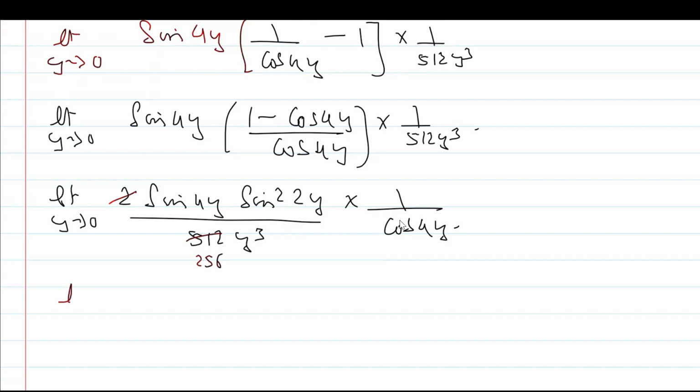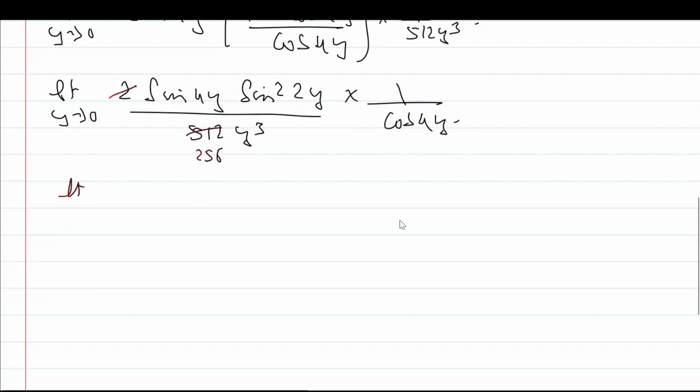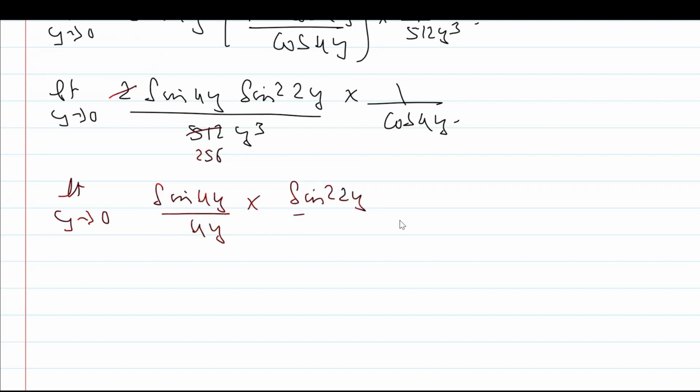So now this is limit y tends to 0. This is sine 4y. Clearly we need a 4y, so I'll write 4y from here. And this is sine square 2y, so we need 2y whole square, which is in fact 4y square. Now this is 256. We have 4y over here, and then 4y square over here.